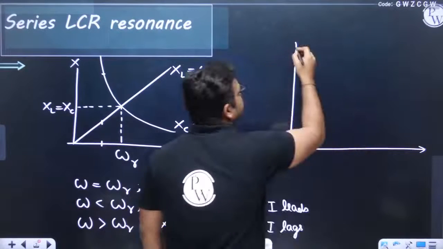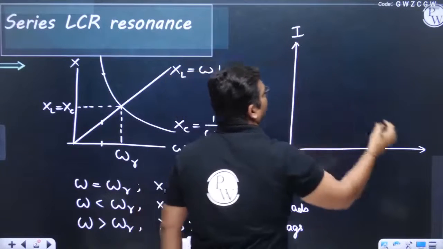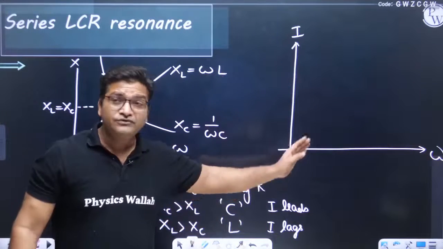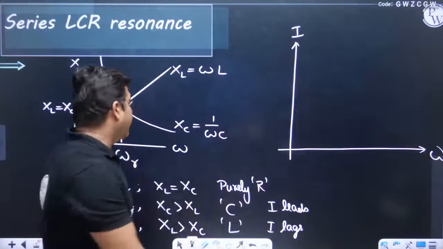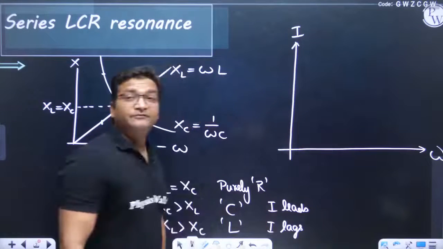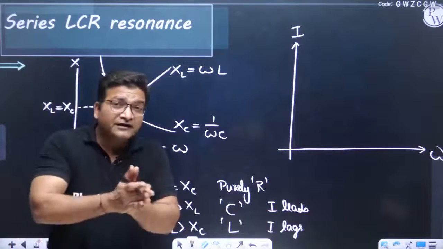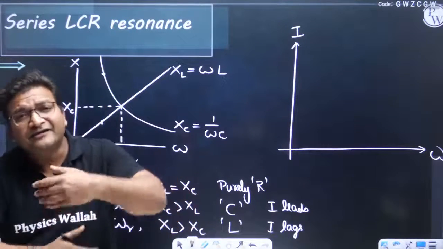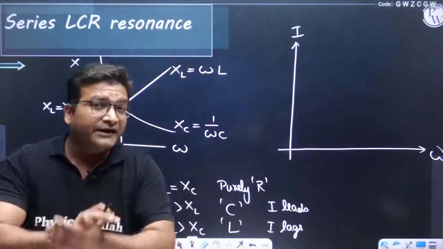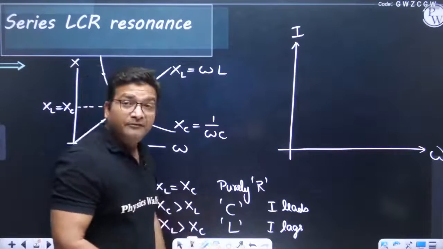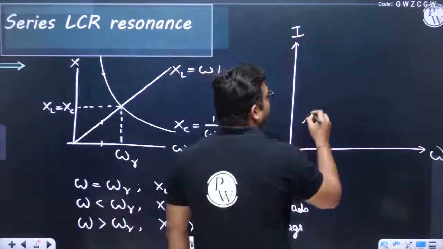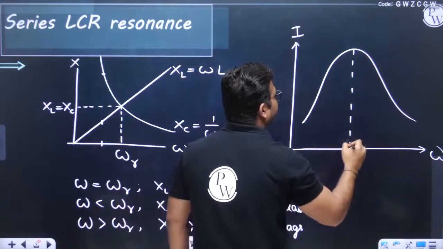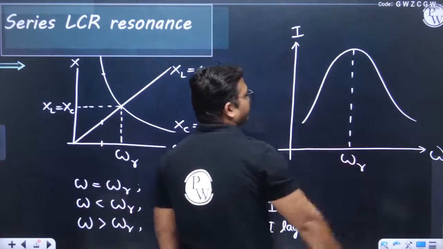If we plot the current versus omega, and we again vary omega from a very low value to a very high value, you know at the resonant frequency the current is maximum, and if you decrease omega or increase omega, in both ways the impedance will be higher than the resonant impedance and the current will be lower. So the current plot is something like this, and the current is maximum at the resonant frequency.